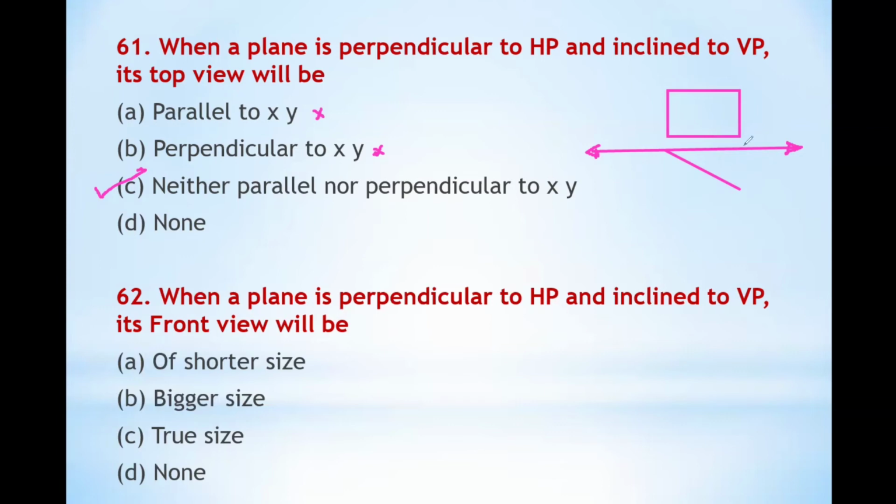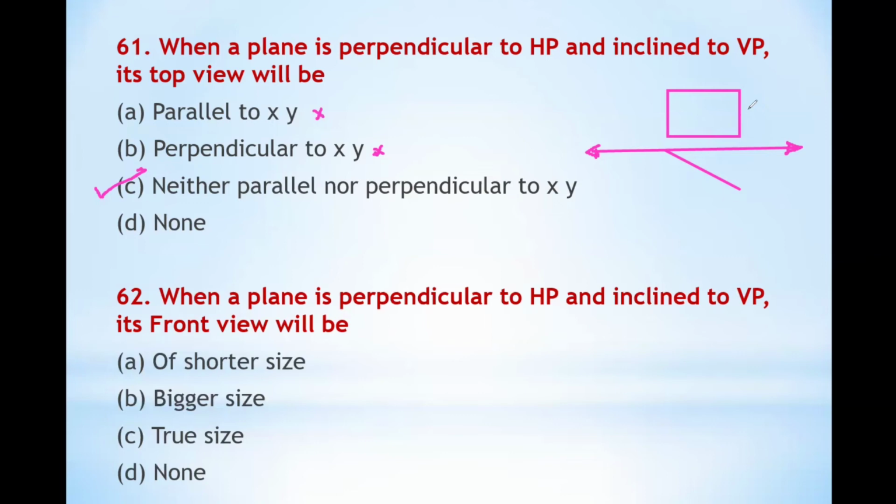That means whatever the front view is there, it will not give the true shape. Definitely it will give the apparent shape of that plane. That means it will be of shorter size as compared to the true size of that plane.